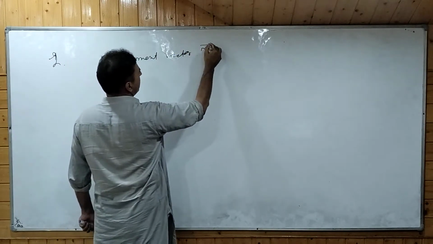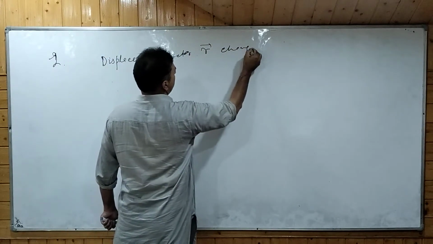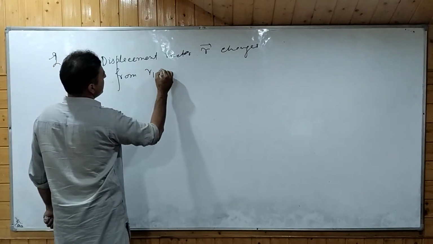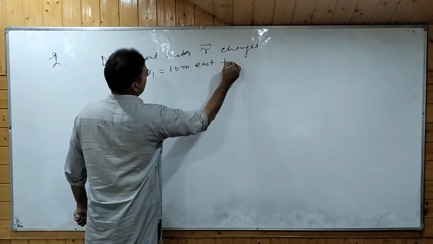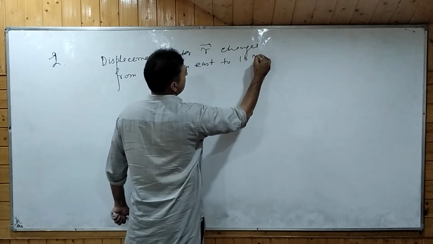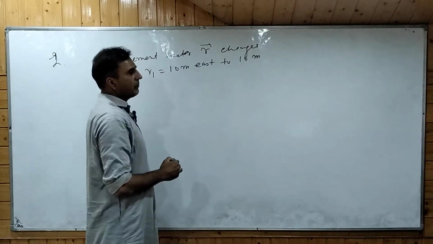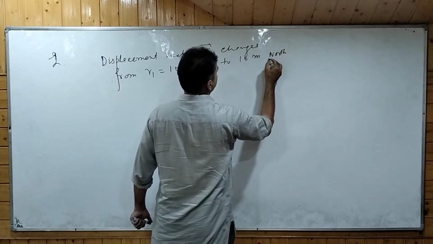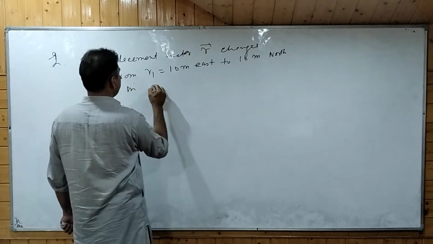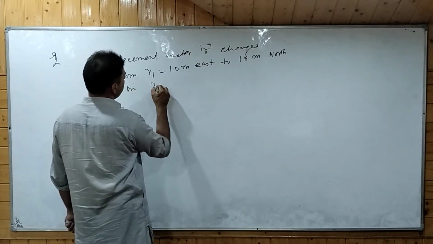Vector R changes from R1 equal to 10 meters east to 10 meters north in 2 seconds.